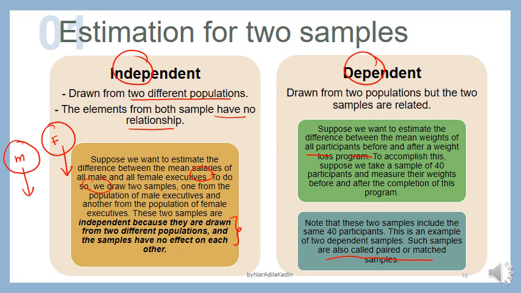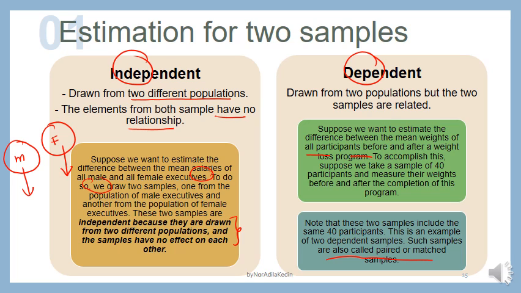Now dekat sini dia kata, even though dia draw the sample two times, okay, but dia sebenarnya adalah sample yang related. Kerana apa? Satu sample dia select sebelum participant tu join the program. Bila mereka semua ni dah habis join the program, dia sample lagi sekali orang yang sama.